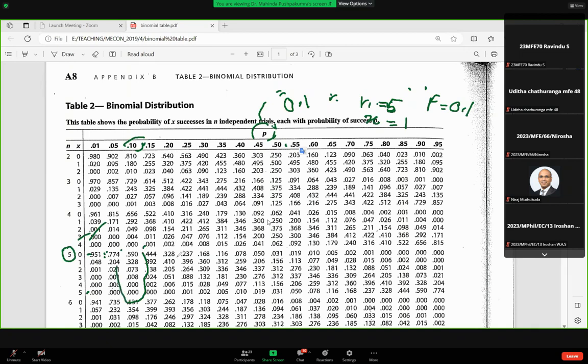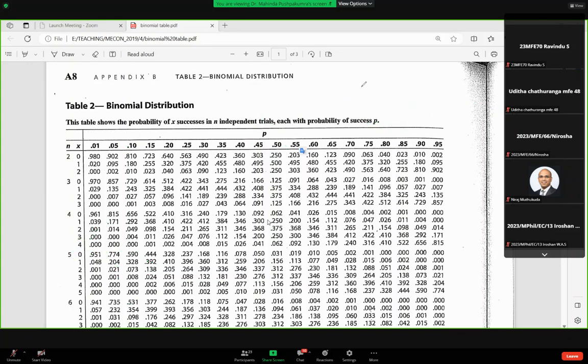What is the probability that X equals 1? It is 0.3280. X equals 2, it is 0.0729. X equals 0, it is 0.5905. Now with this table, you can easily calculate probabilities. Shall I explain it again?